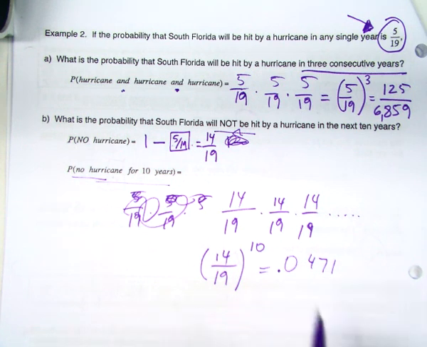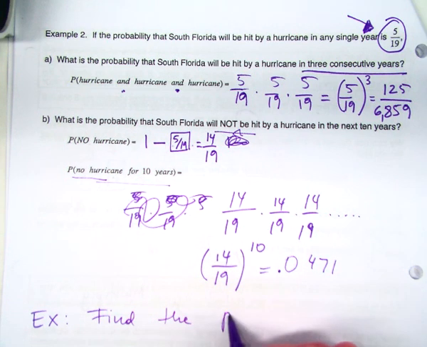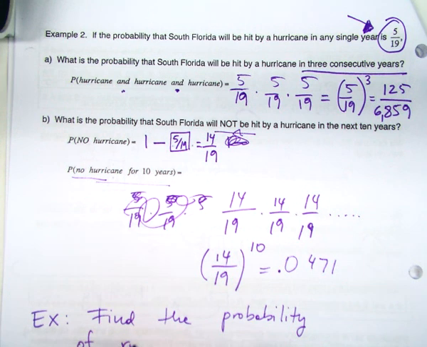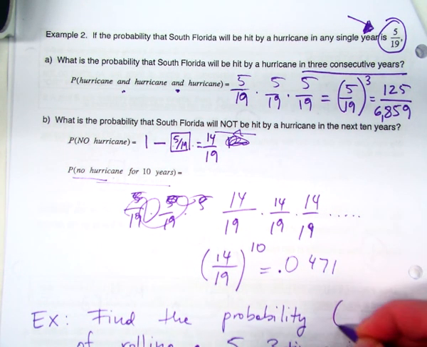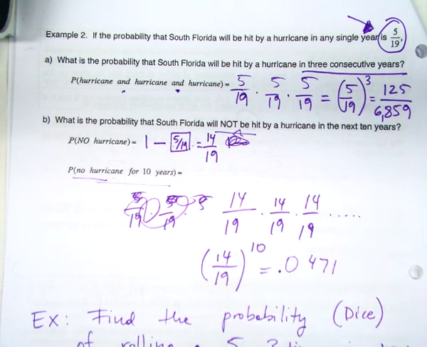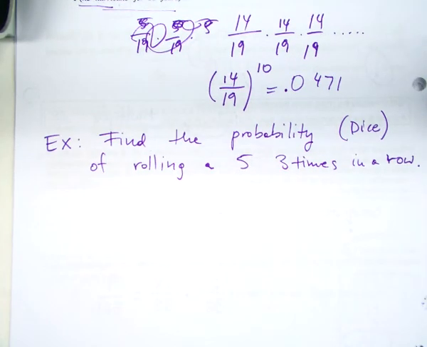Okay? We're going to add one more example. Find the probability of rolling a 5 3 times in a row. And so basically this is a dice problem. How many numbers do we have on a dice? 6.